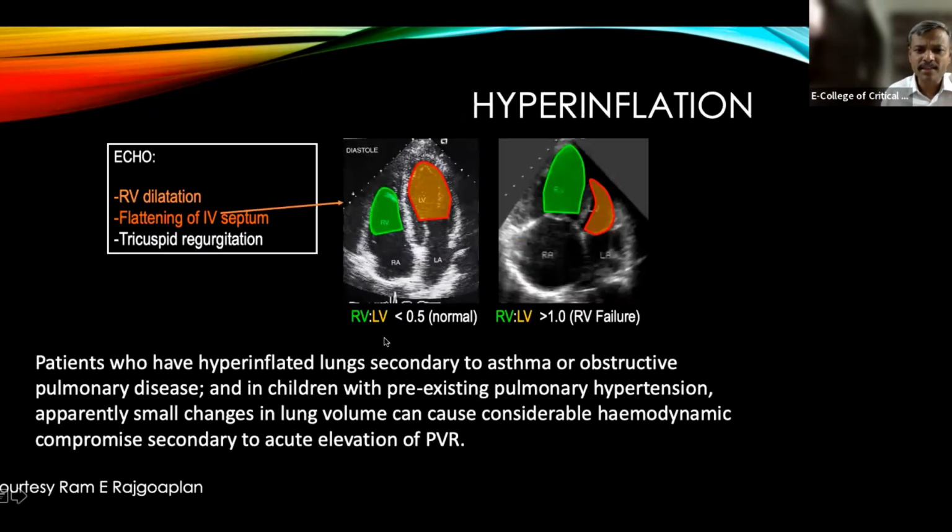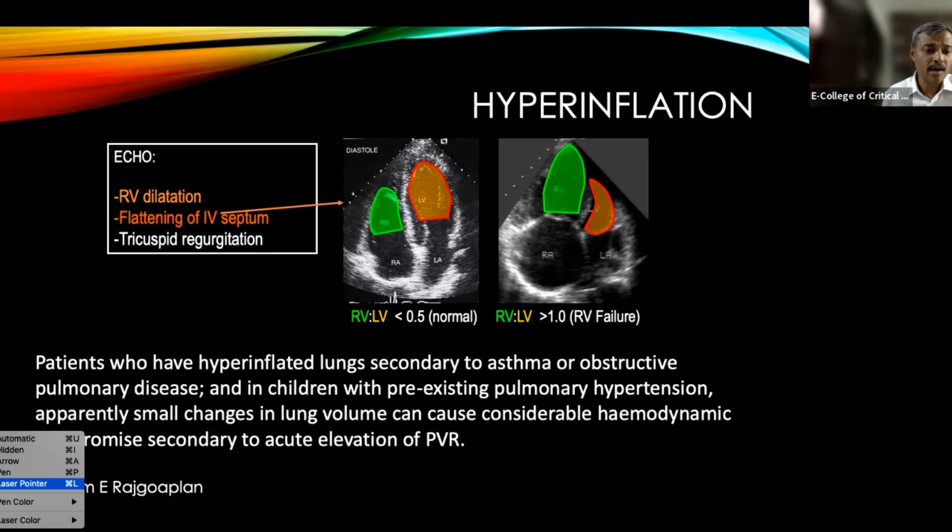Here you can see a slide from my teacher Rami Rajgopalan, on how to identify RV failure. When a patient with ARDS, asthma, COPD, or any lung pneumonia is put on a ventilator, look at the RV diameter. That is very important.